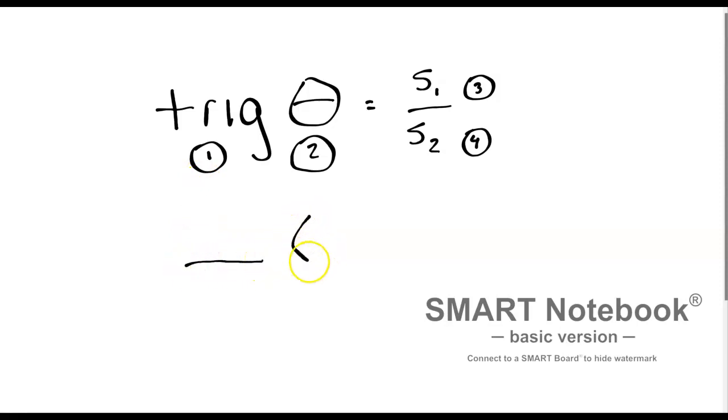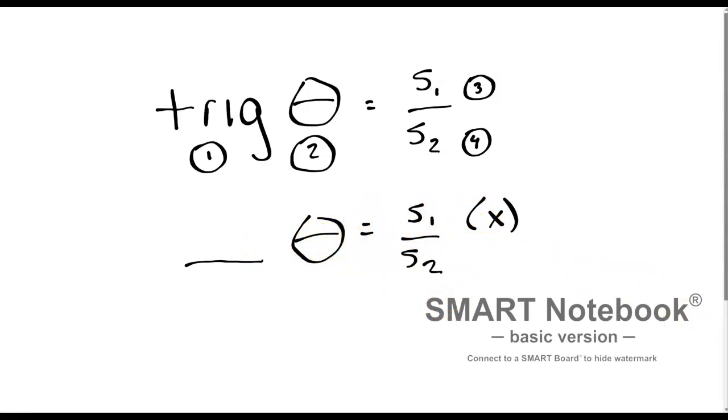We are going to be given this, but remember the name of this lesson is finding the missing side, so one of these will be x. So once we plug stuff in, we can solve for x.